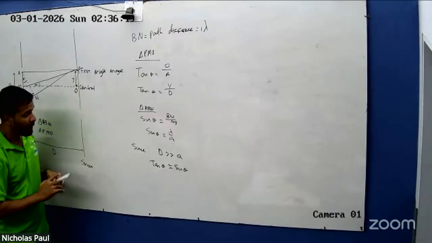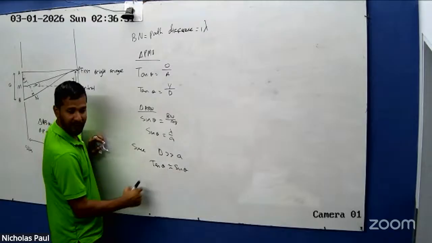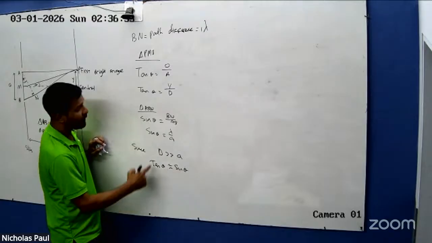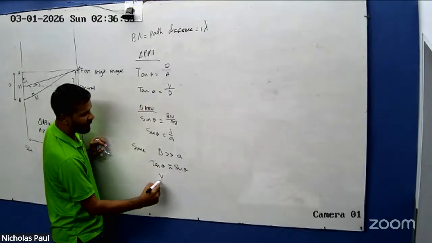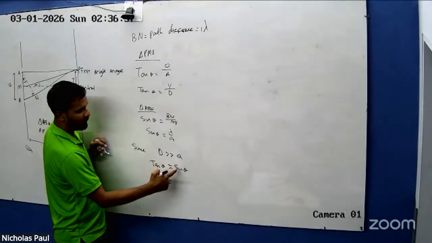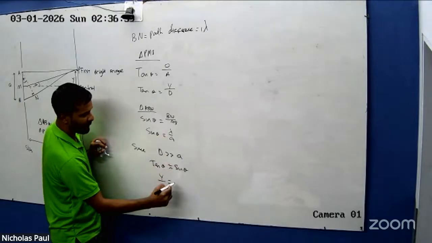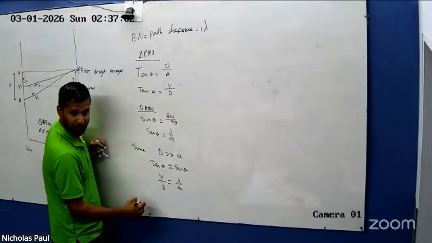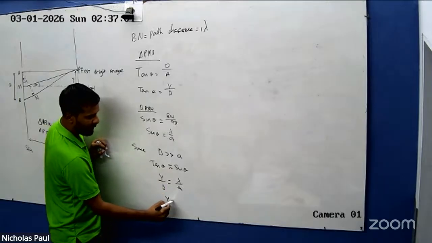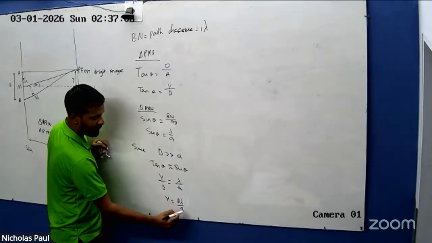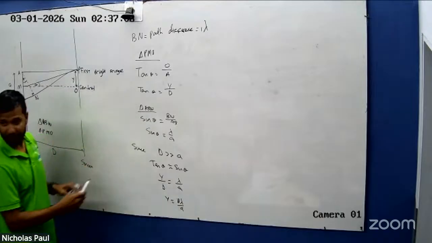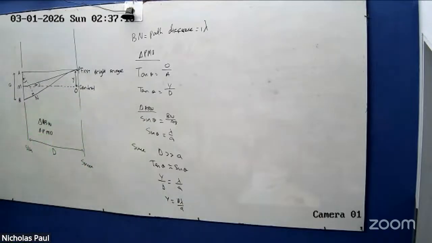So tan is approximately equal to sine. Tan theta is y on D, sine theta is lambda on a. Move D across, so I get y as D lambda on a. That's it. Now we're going to learn to apply that.